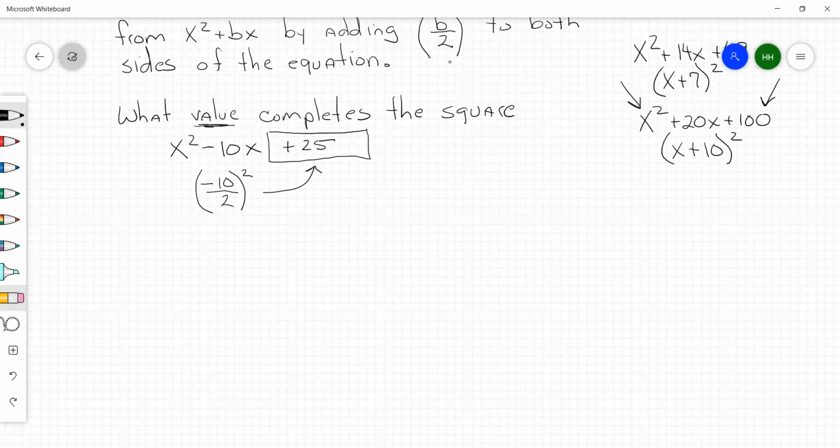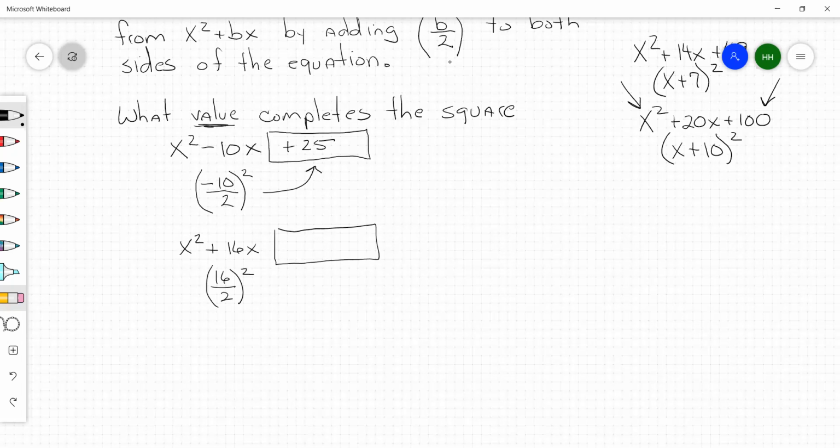Finding square roots, solve each equation. All right. What if we had x squared plus 16x, and we needed to find out what value completes the square? What's going to go out here? You take 16, you divide it by 2, and you square it.